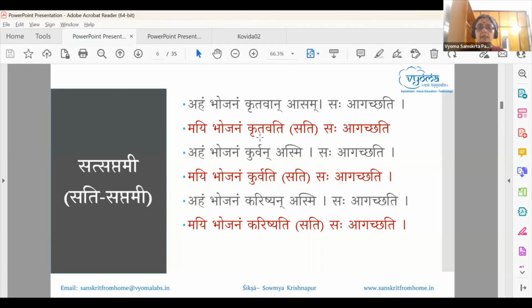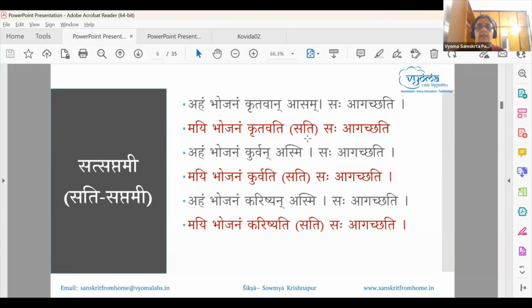And Kritavan, as I have told you, looks like a verb, but is actually a Namapadam, because we saw the different Vibhaktis of the Takaranta Kritavat Shabda. So the Saptami of that. This is an adjective to Aham. So Mai and Kritavati are both in Saptami.